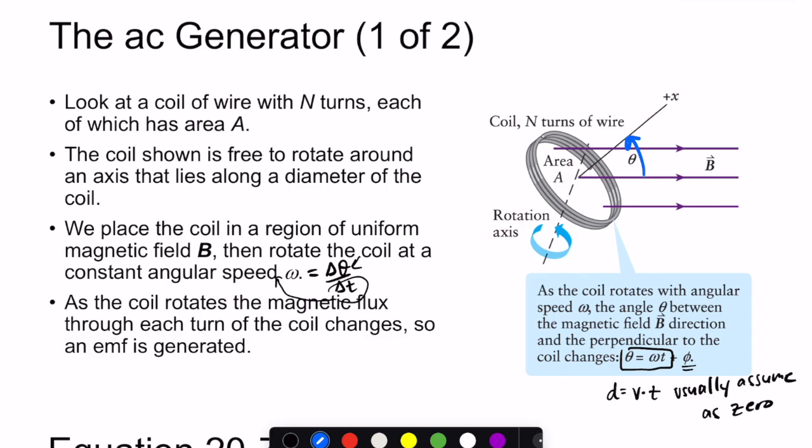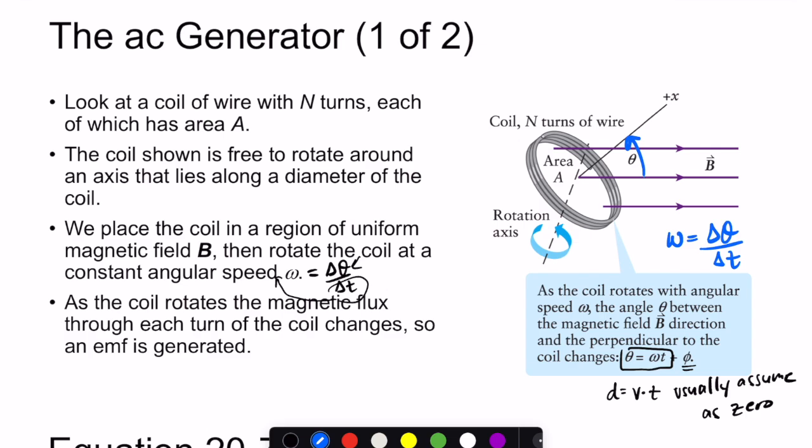How do we describe a changing angle with time? You might remember from Physics 1 and maybe Chapter 5 or so, where you started to look at rotating things. You might recall this, right? Omega is change in angle with respect to time, right? That's a speed, right? It's an angular rotation speed.